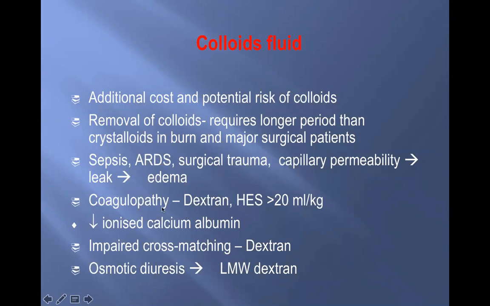In patients with coagulopathy, if we give dextran or starch more than 20 ml per kg, it causes coagulopathy by dilutional thrombocytopenia, and this causes a decrease in ionized calcium, albumin, and impaired crossmatch of blood, as I already mentioned.